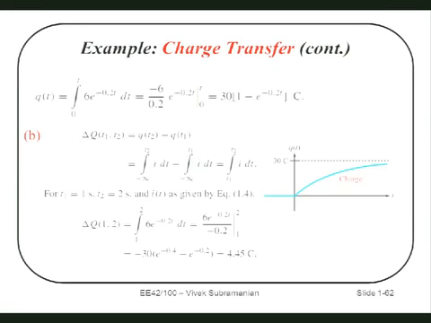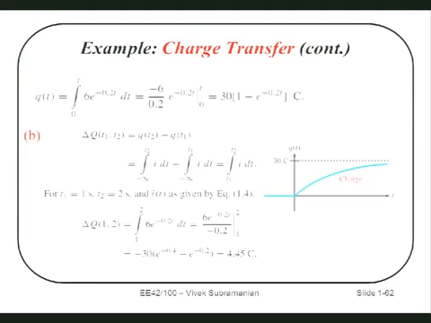We will write that as q at t2 minus q at t1. That will just be the integral from minus infinity to t2 of I minus the integral from minus infinity to t1 of I, which of course we can just rewrite as the integral from t1 to t2 of I. Plug it into the equation where the upper limit of the integral is 2, the lower limit is 1. Solve it and you find it is 4.45 coulombs.